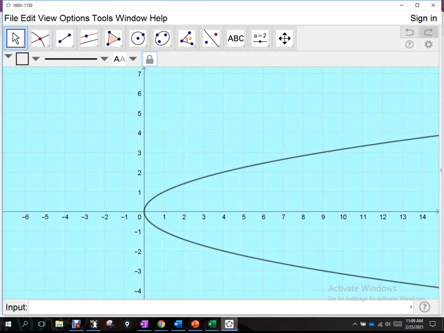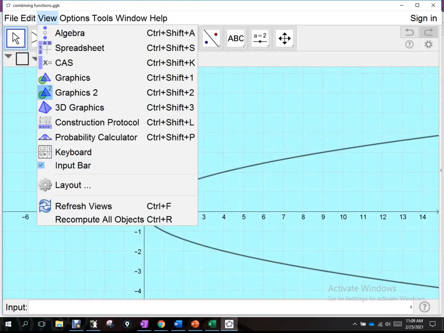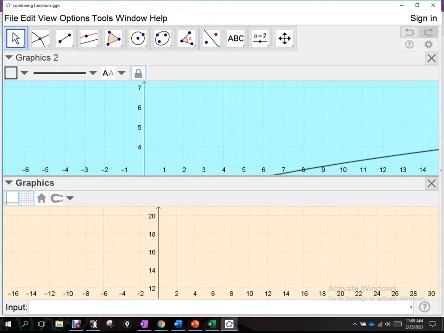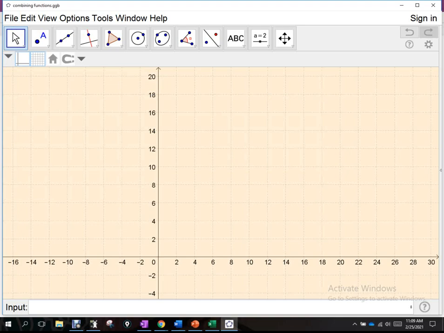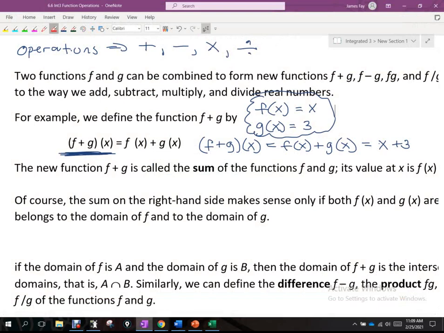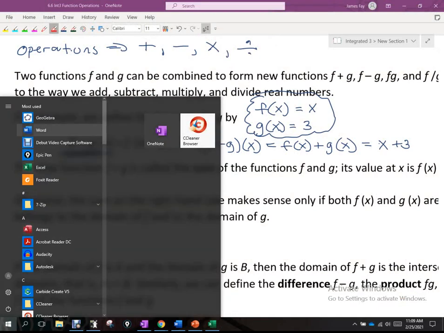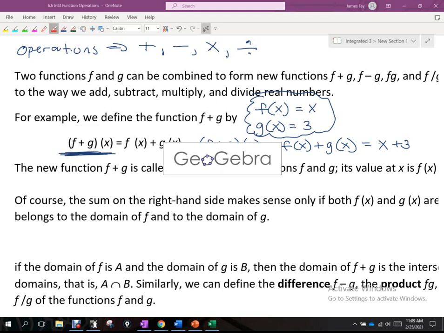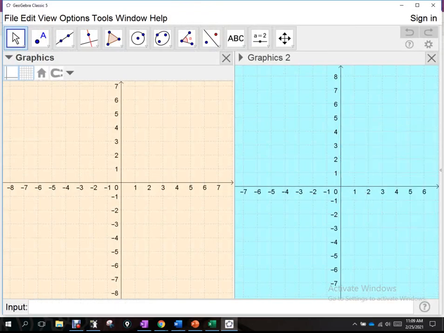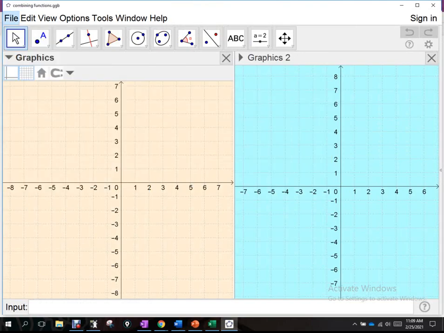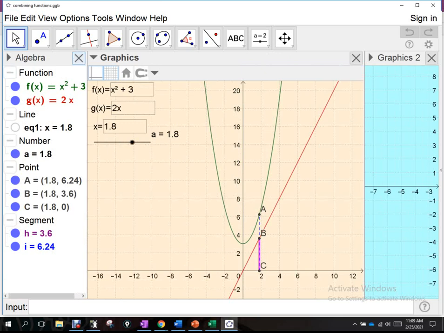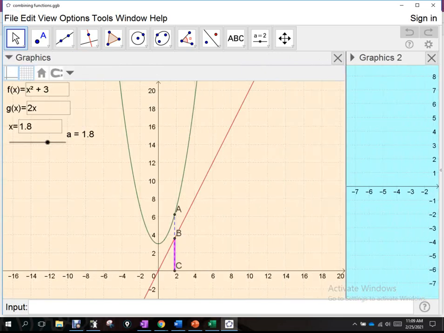So I'll go to GeoGebra here. Here I've just got this set up to where I can type in the two functions that I'm interested in.